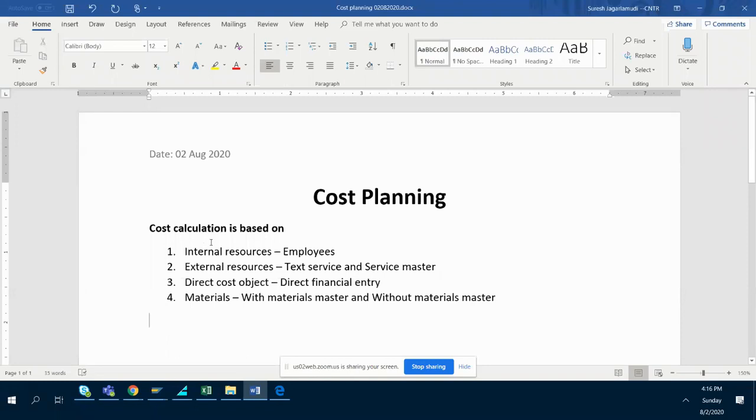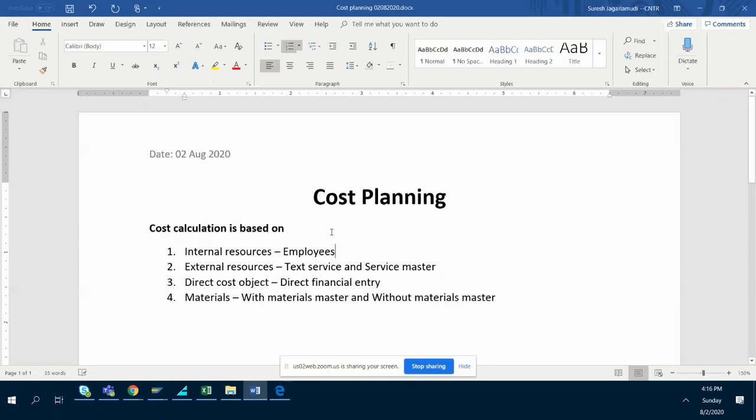Suppose I say one WBS or one network activity, and I have these many different resources I am going to use, then I know for sure I have to give each of them individual line items.